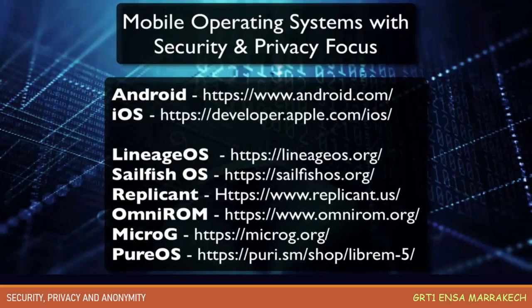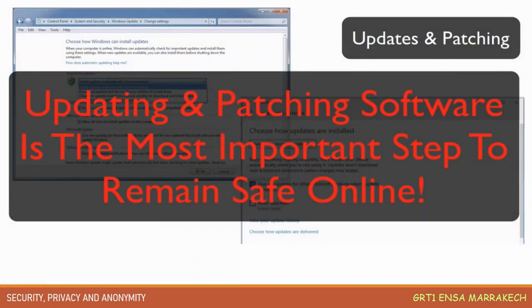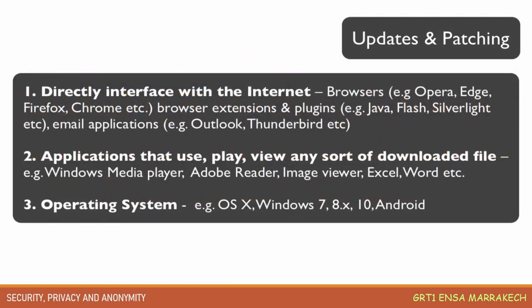To improve your security online, updating and patching software is a good habit to remain safe. Those are the three things you should always update. First, browsers, such as Chrome, Firefox, Opera, browser extensions, such as Flash, Java, email applications, such as Outlook.